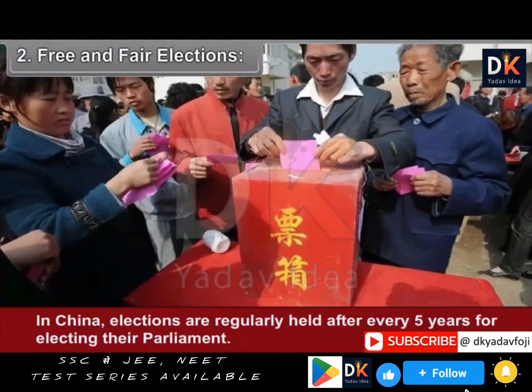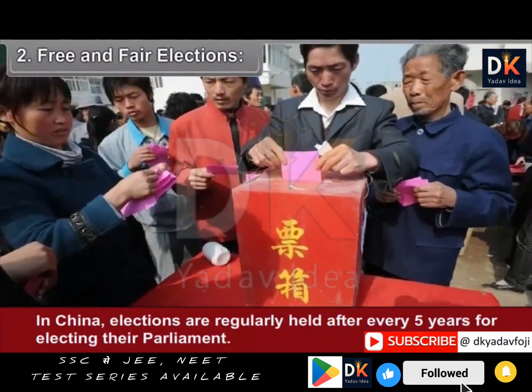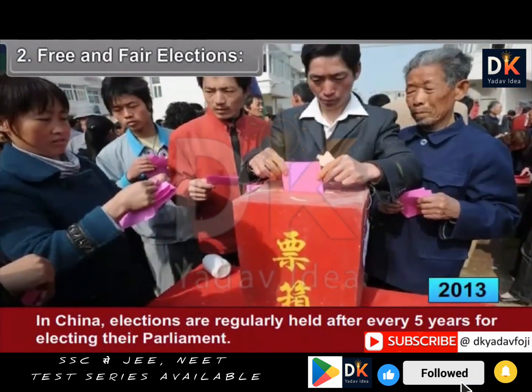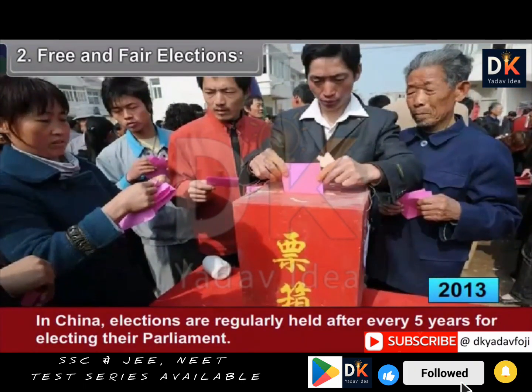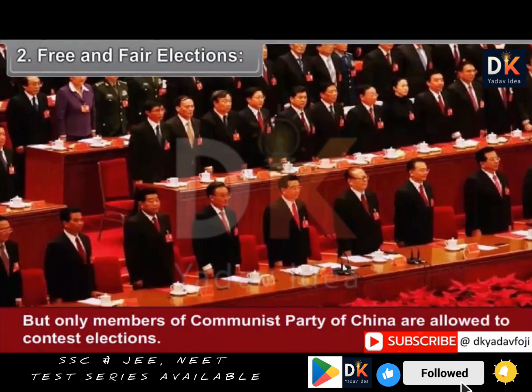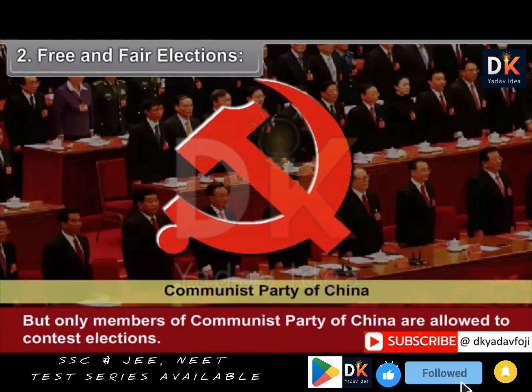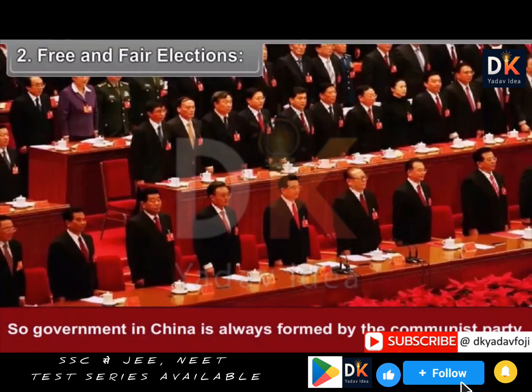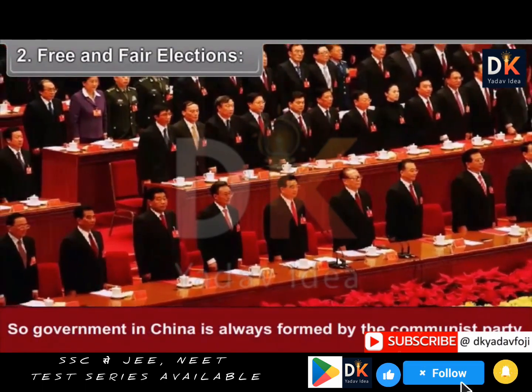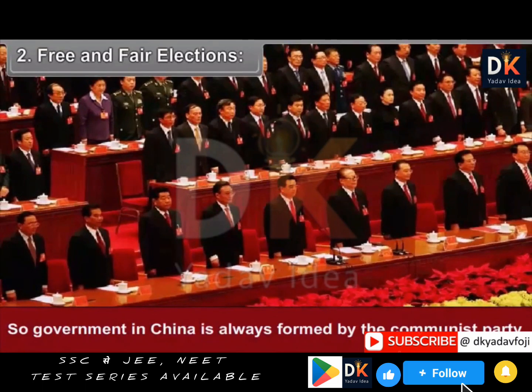In China, elections are held after every 5 years for electing their parliament, but only members of the Communist Party of China are allowed to contest elections. So, the government in China is always formed by the Communist Party.